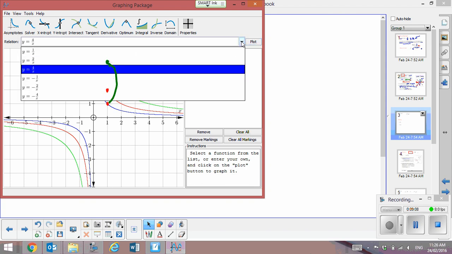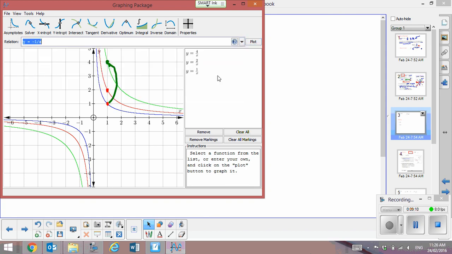What happens if we plot y equals negative 1 over x? So that means get the graph of 1 over x, which is our blue one here, this line here. Now, get the y value, now multiply it by minus 1. So plus 1 now comes down to minus 1. This value comes down here.